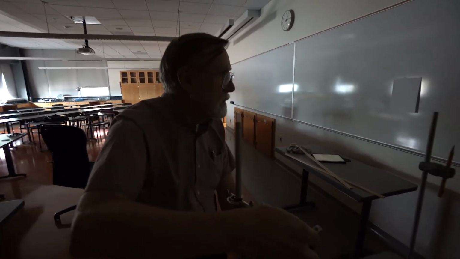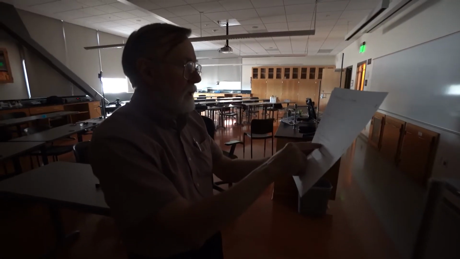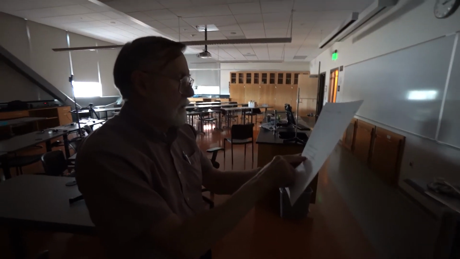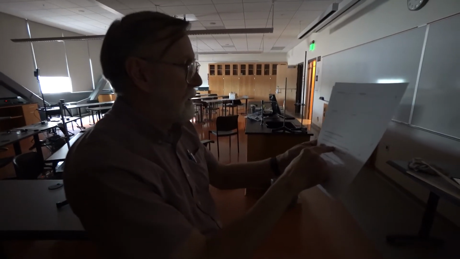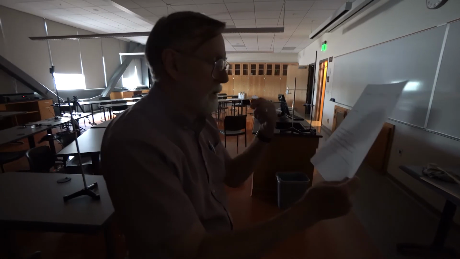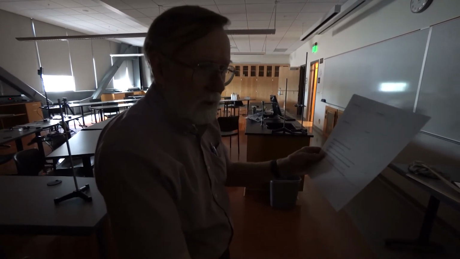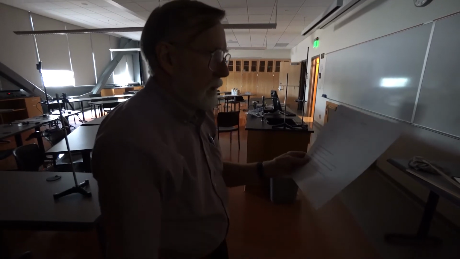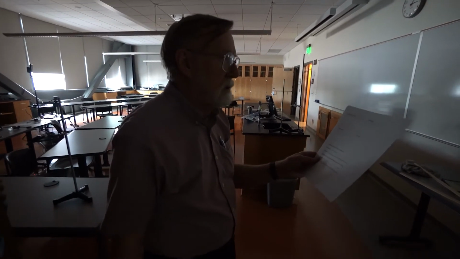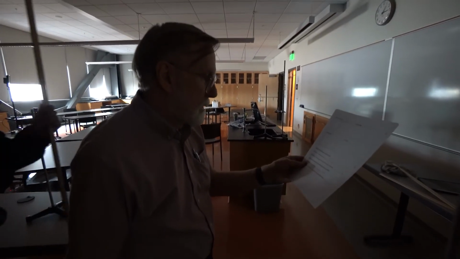Okay, so you need to write those numbers down on your data page where it says distance L from the hair to the screen, and then the distance X, the second dark fringe. And there's a formula in your lab handout booklet to show you from that how to calculate the thickness of the human hair. And it should turn out to be somewhere between probably 5 and 10 microns, or millionths of a meter.